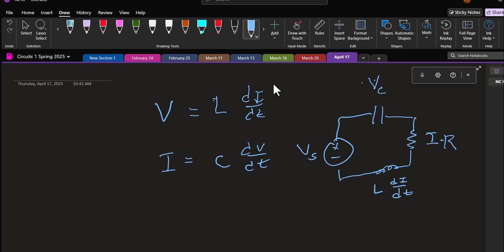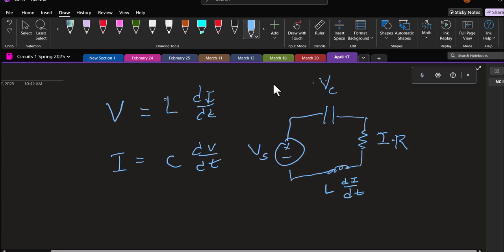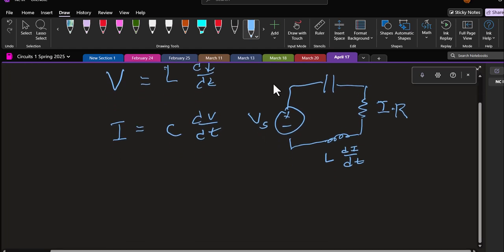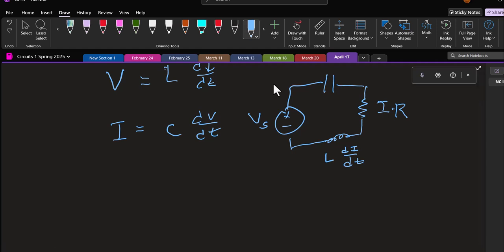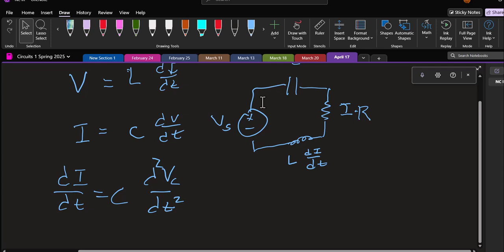Everything here has the same current because they're all in series. And so if I take the derivative of this I right here, di/dt, I get C times the second derivative of Vc, d squared Vc/dt squared.